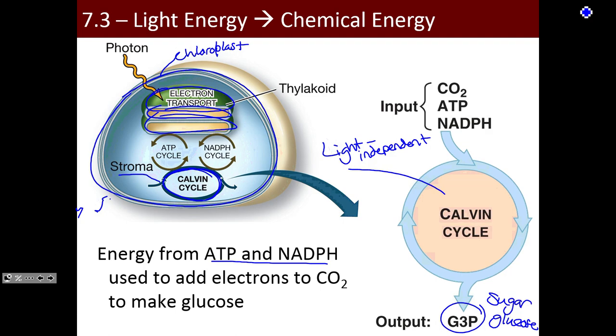Generally, what we see in most of the plant species we're familiar with is that photosynthesis, both the light reactions and the Calvin cycle, are daytime activities, and cellular respiration is a nighttime activity.